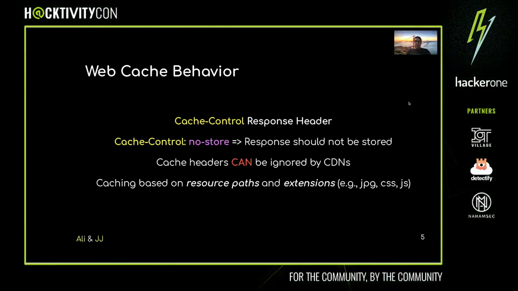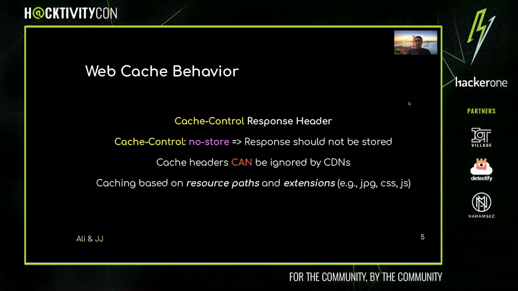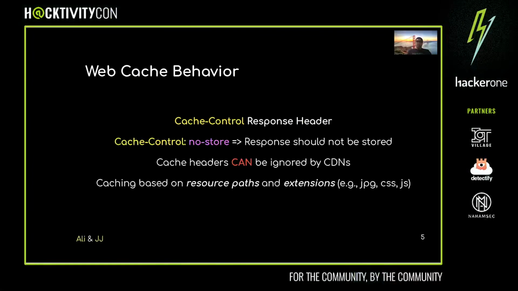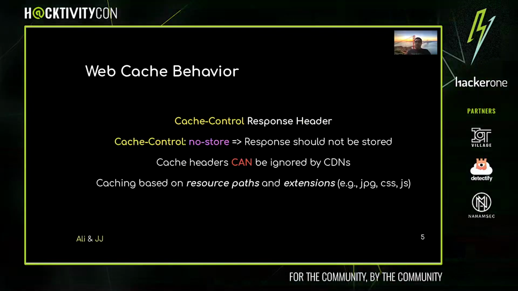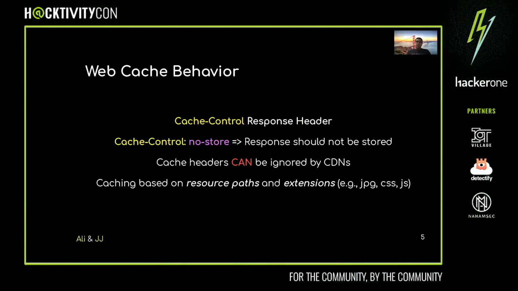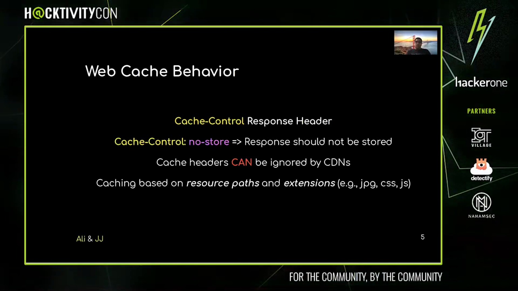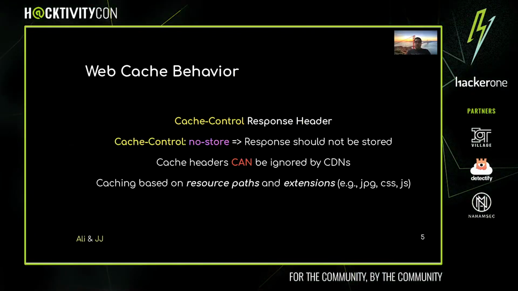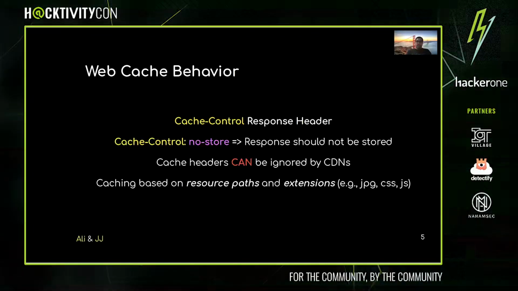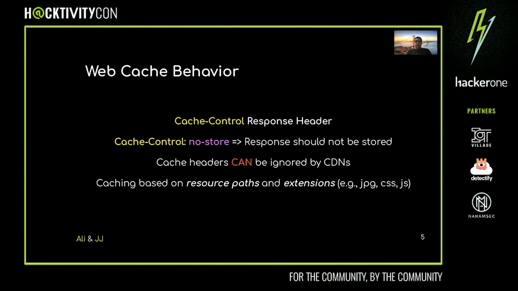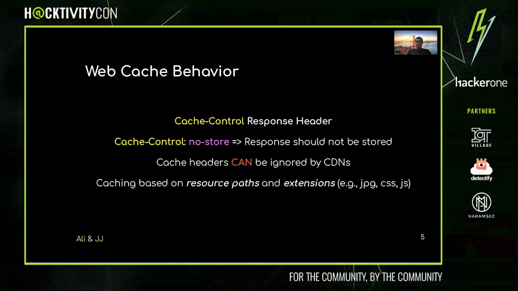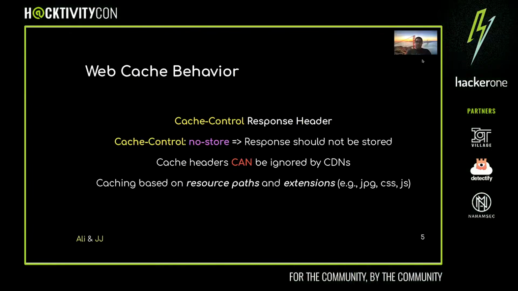For example, Cache-Control: no-store tells that the response should not be stored. However, web caching components on the internet can ignore these headers and instead use other rules based on the resource paths and file extensions to cache the resources.